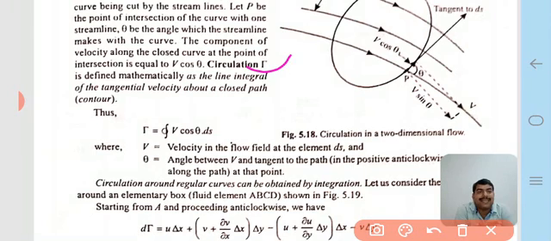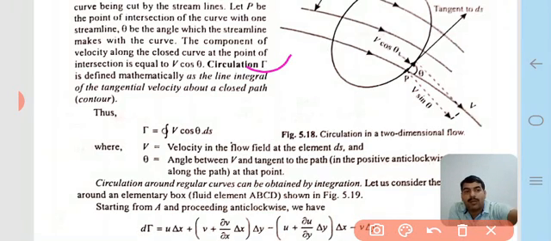Chi is equal to the closed curve integral of v cos theta ds, where ds is the element, a particular length of the element.